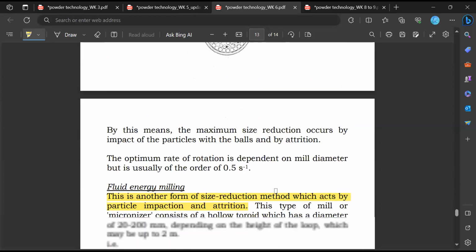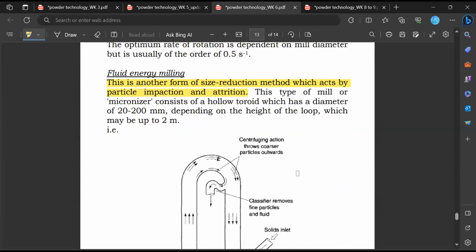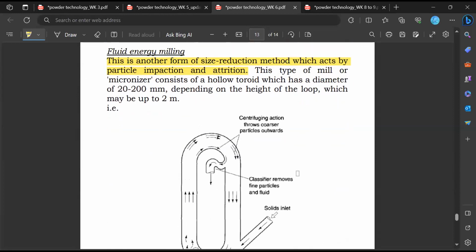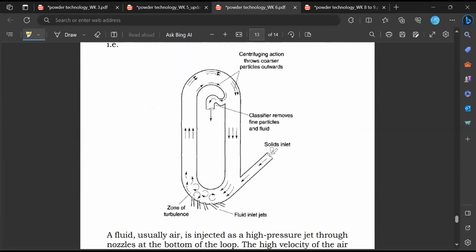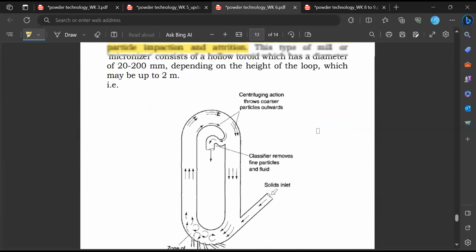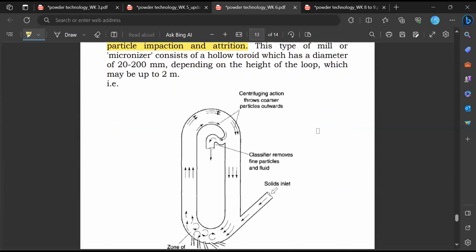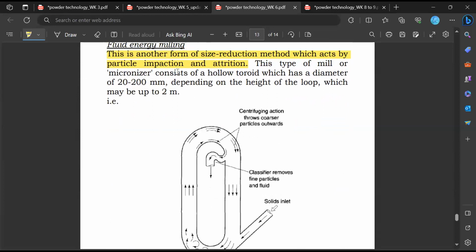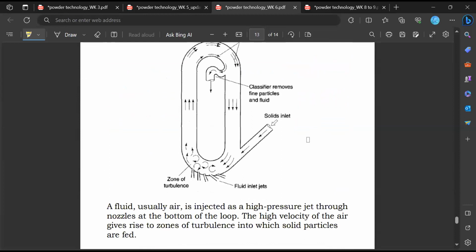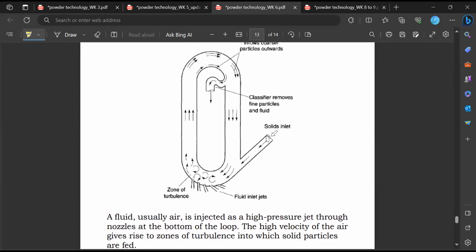Then the second is this fluid energy milling. What happens over here is the particle is reduced by impaction and attrition. Usually you have fluid inlets, where a fluid, which is usually air, is injected at a high pressure, and the solid is put through this inlet.